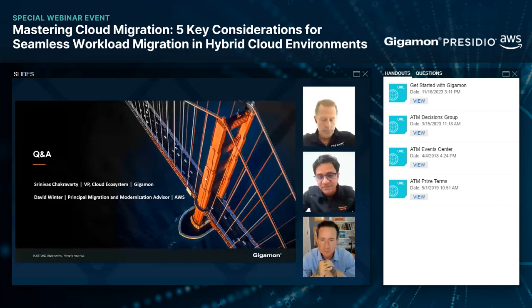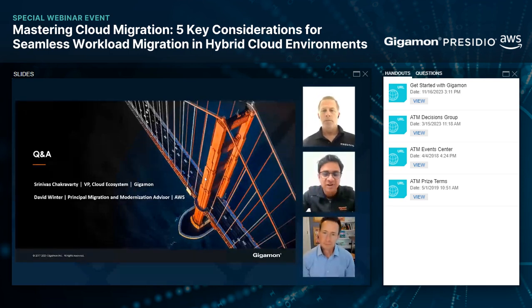But yeah, this is the tight collaboration that we have with AWS, and we exist to actually delight our customers, and we take that feedback and help AWS further refine some of the features that they are bringing to the market. And we've done that with Outpost. Outpost is another thing that I want to mention. It's very near and dear because I did work on Outpost when I was at AWS. We do have our Gigamon Cloud Suite qualified on Outpost.